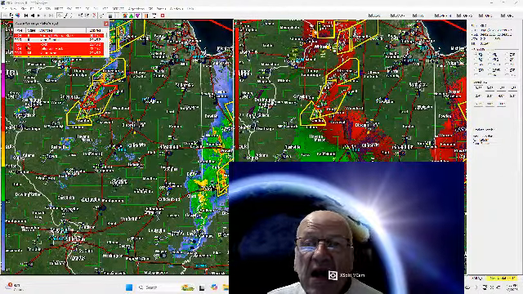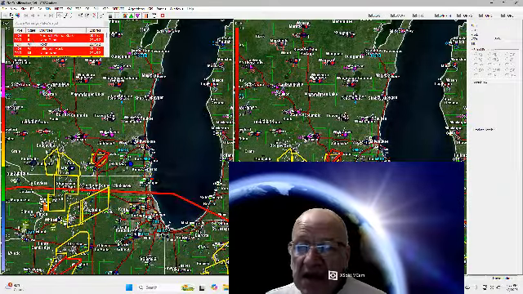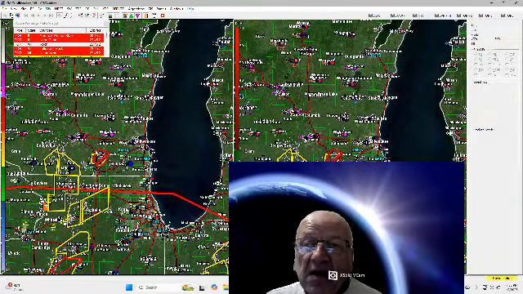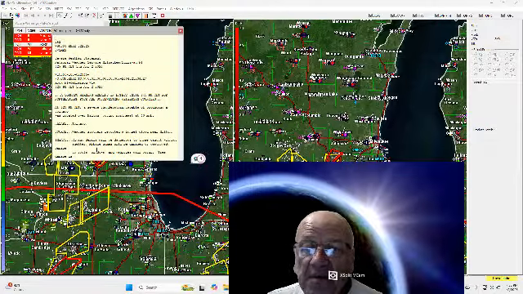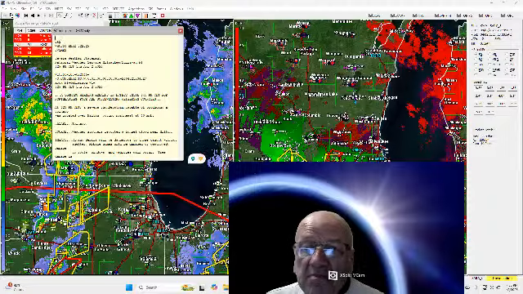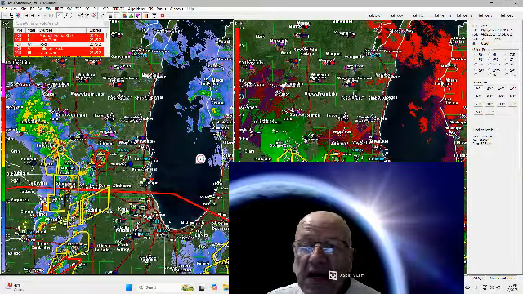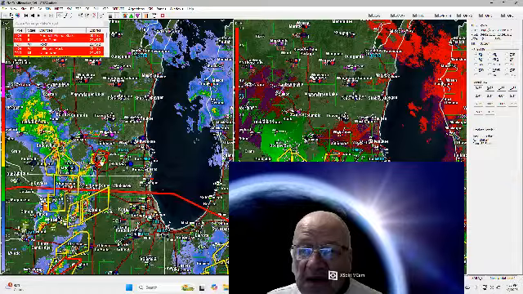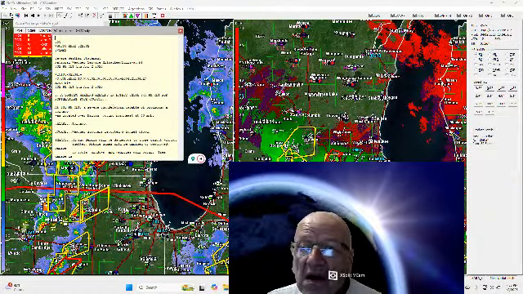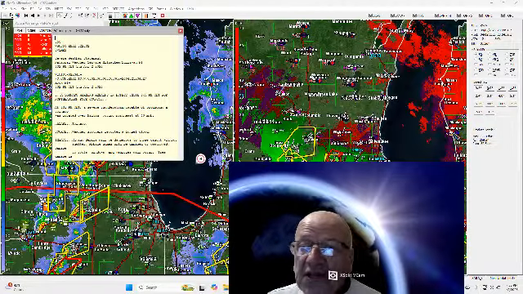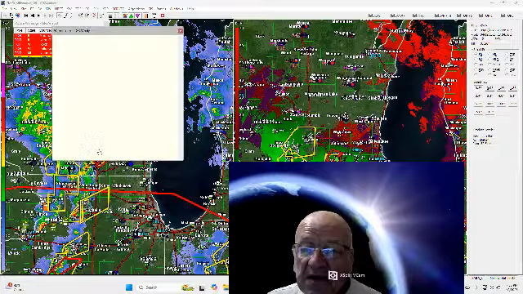Then we have tornado warnings here in Wisconsin for Rock County, and we have two of them here. So we'll look at the first one here. This is in effect until 6:45 p.m. Central Daylight Time, and then we have this other one here. We'll take a look here. Is this the same one? I think they're both for 6:45 p.m. We'll go look at this one.